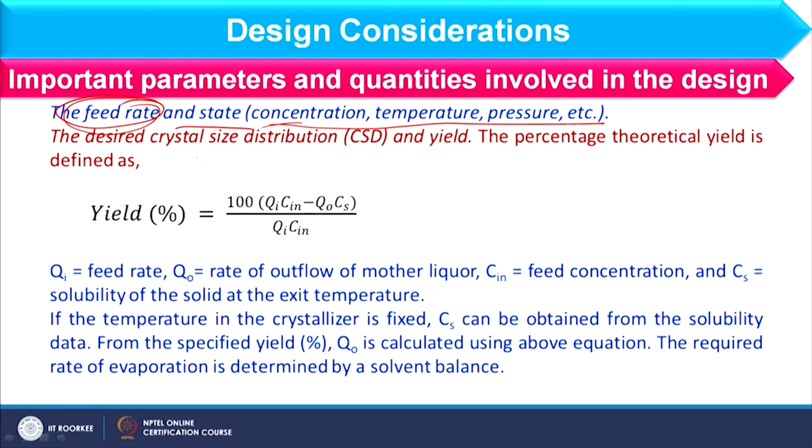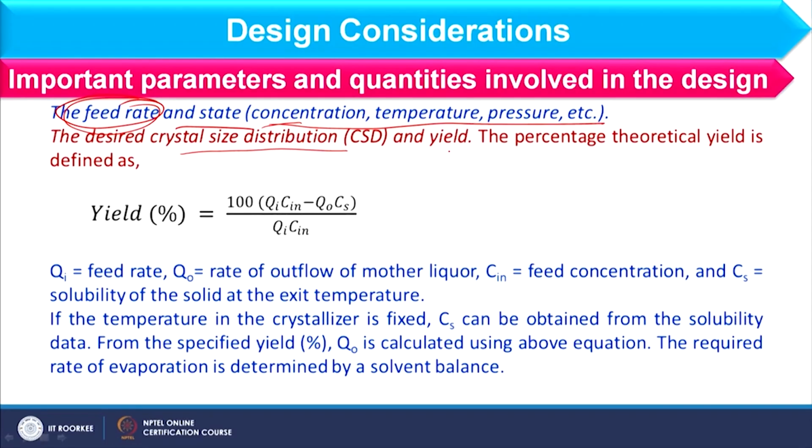Secondly, desired crystal size distribution and yield. What should be the crystal size? We do not have a particular size of the crystal, we usually have a range. So, we consider that as crystal size distribution, and also we should focus on the yield.